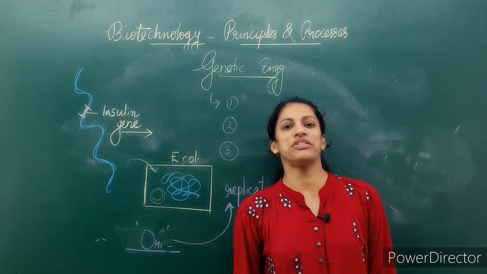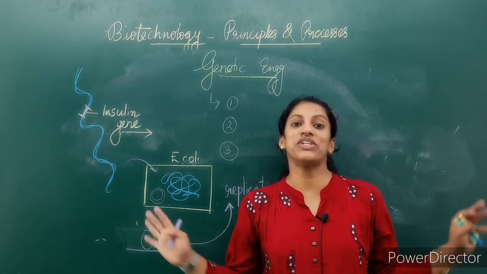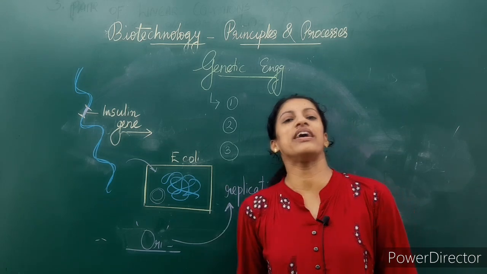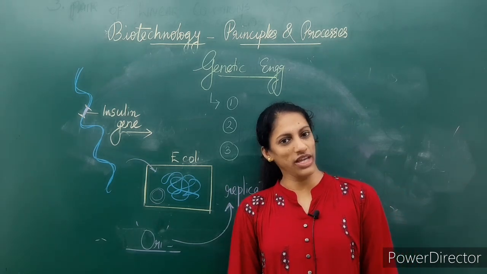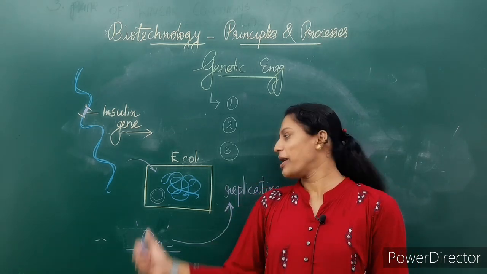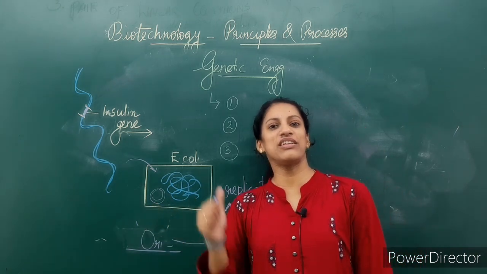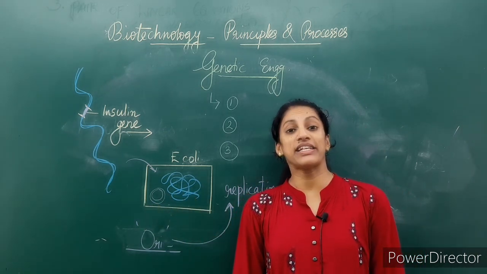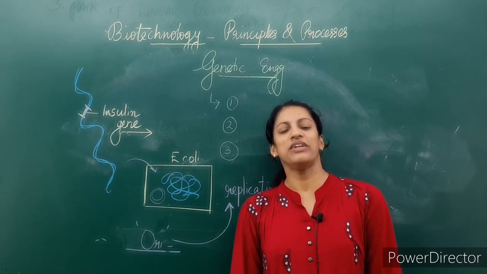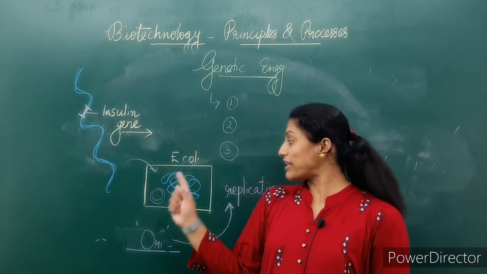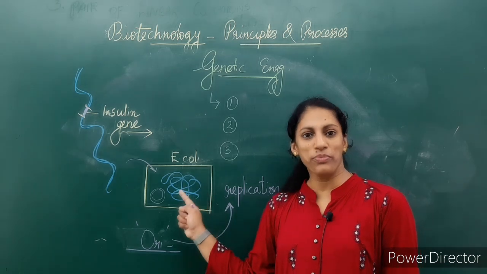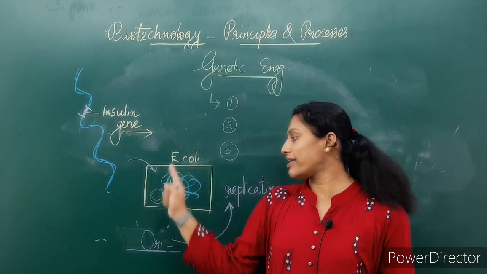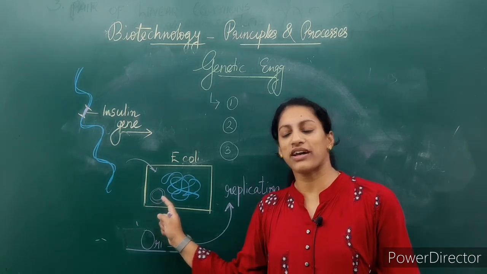Then another important fact: in most genetic engineering experiments, we use bacteria as the host. And very interestingly, bacteria have an additional genome. You have heard it, you have studied it. An extra chromosomal genome is present in the bacterium. Other than the normal genome, most bacterial cells contain an extra chromosome.